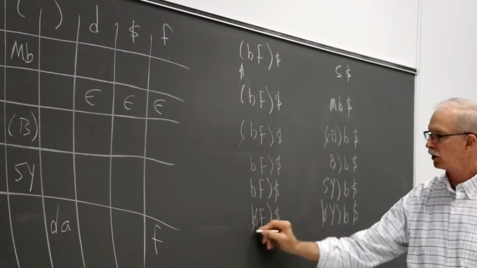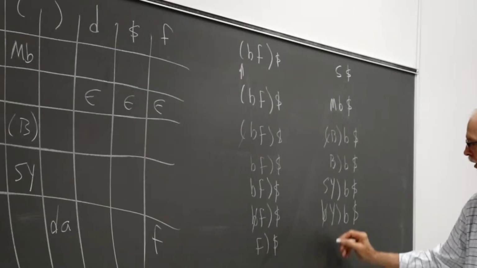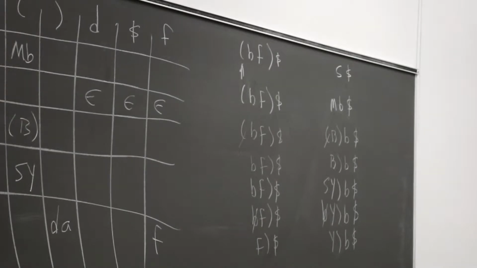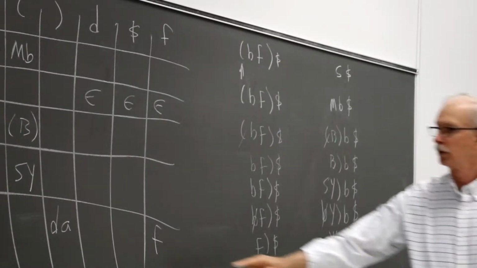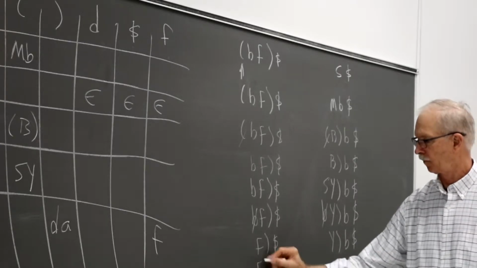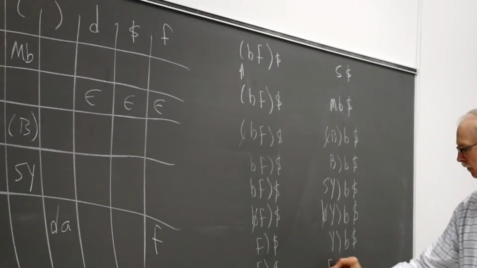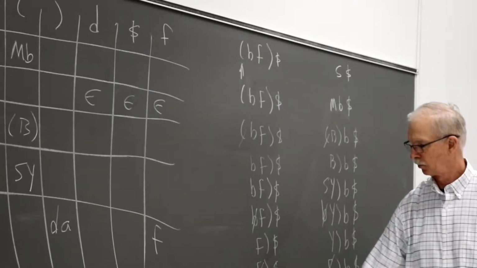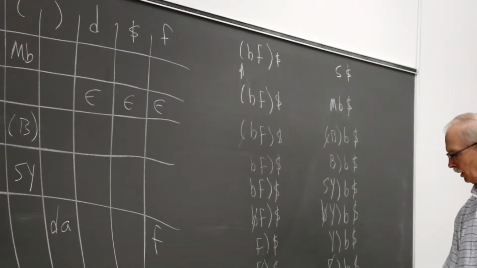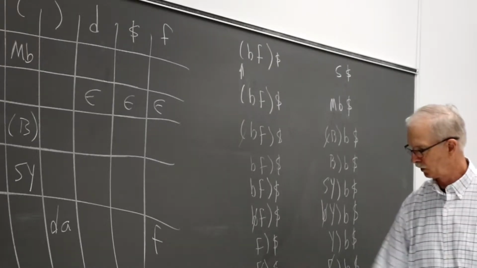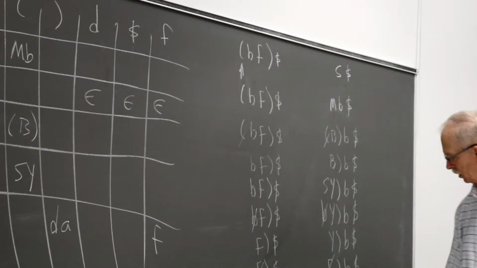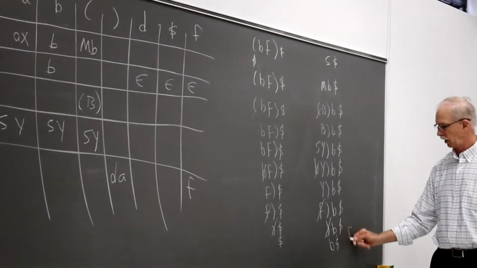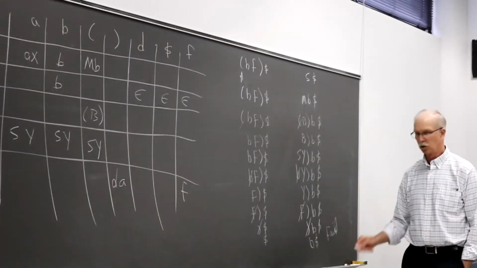The B's match, I have F paren dollar, I have Y paren B dollar. I look up YF, and it says put on an F, so I have F paren dollar, F paren B dollar. The F's match, paren dollar, paren B dollar. The parens match, I have dollar, B, dollar, and I don't know what to do with that B, so I say fail. It didn't parse.